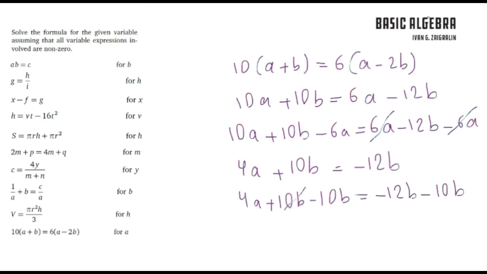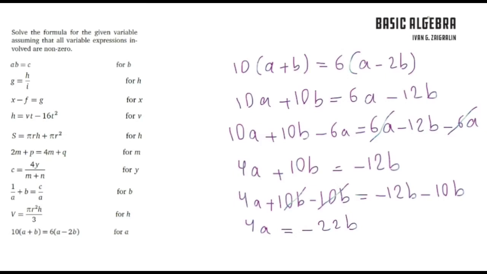So this 10b goes with this negative 10b, and 4a equals negative 12b minus 10b equals negative 22b, and finally we divide each side by 4.